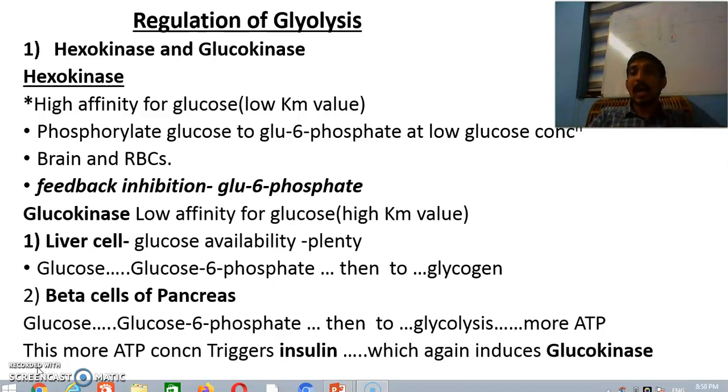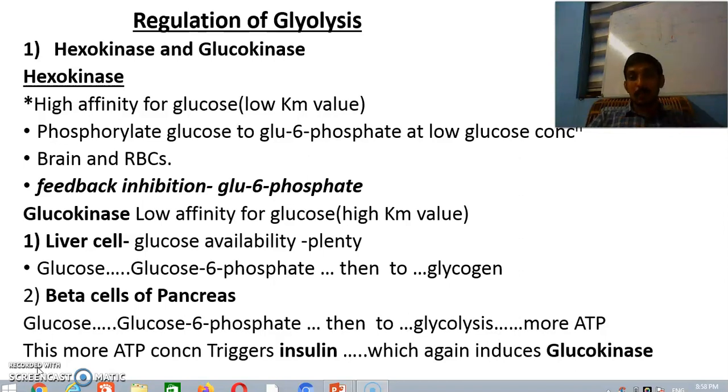So it shows high affinity for glucose, whereas glucokinase shows low affinity. When the affinity is high, the Km value or Michaelis constant is low. So hexokinase shows a low Km value towards glucose.